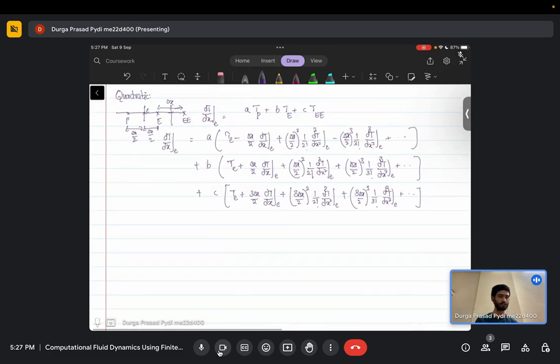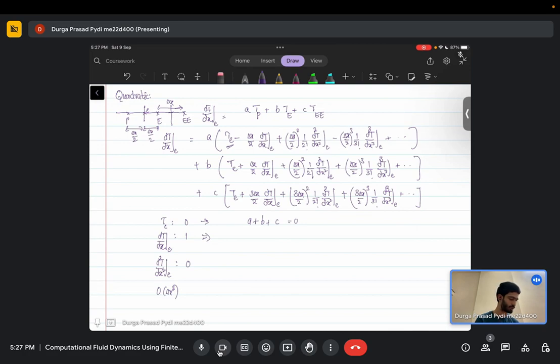Now when we write the equations for LHS to be equal to RHS, the coefficient of T_E should be 0. The coefficient for dT/dx on the east face should be equal to 1. And the coefficient for d square T/dx square on the east face should be 0. And we are neglecting very higher order terms. So this approximation will be of the order of delta x cube. From the first equation we have A plus B plus C equals 0.